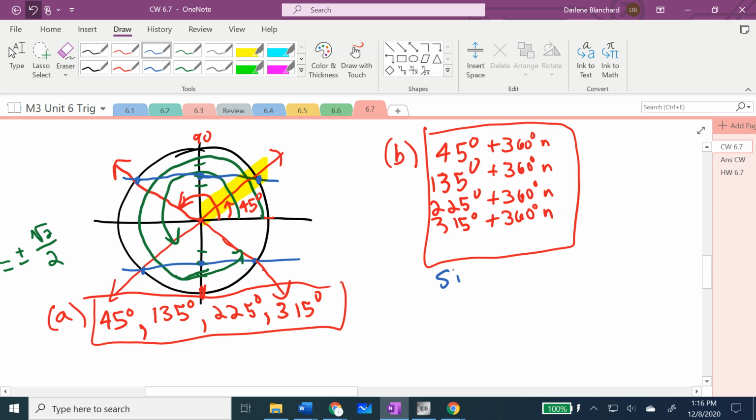So the simplified answer is 45 degrees plus 90 degrees times any number that is an integer. And that's pretty. It's really nice.